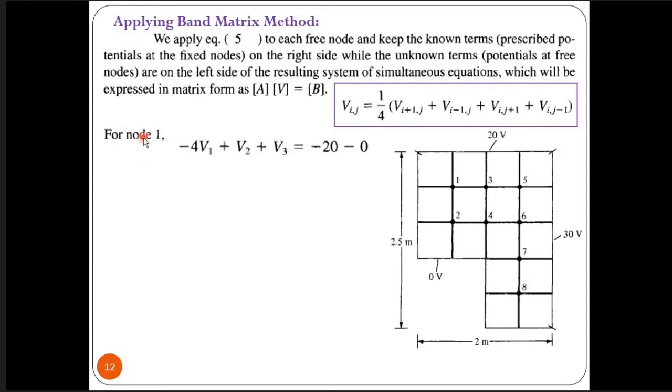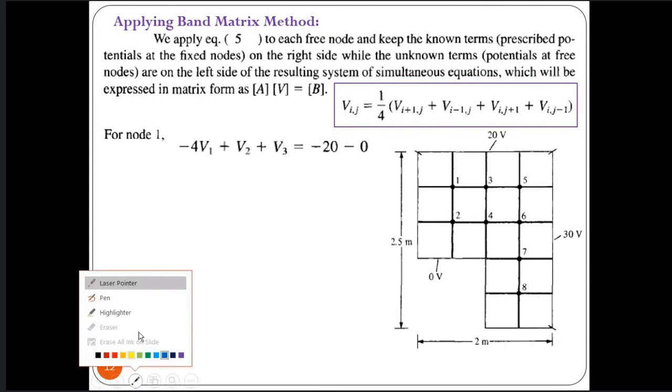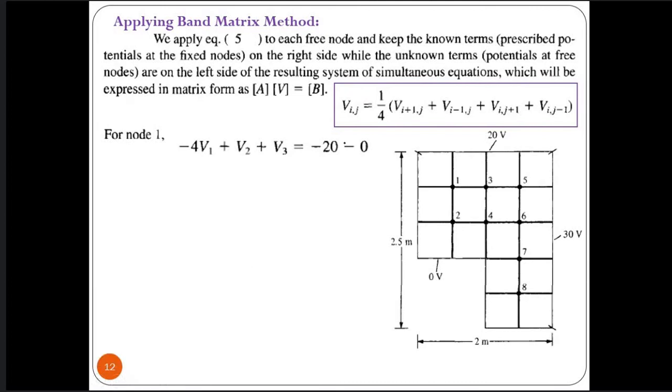If you want to write down the equation for node 1, you see it is 4 into V1, so it is 4V1.